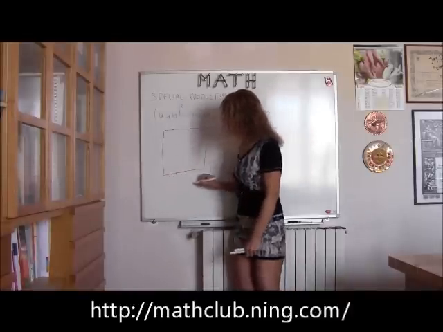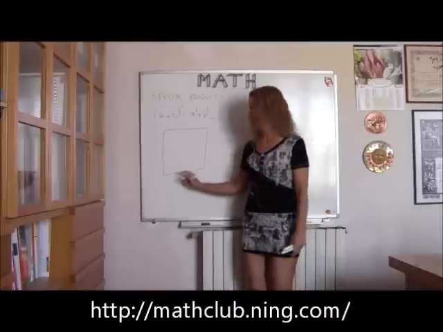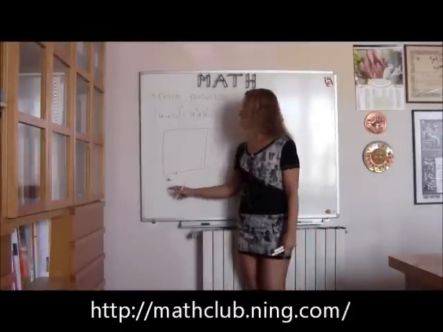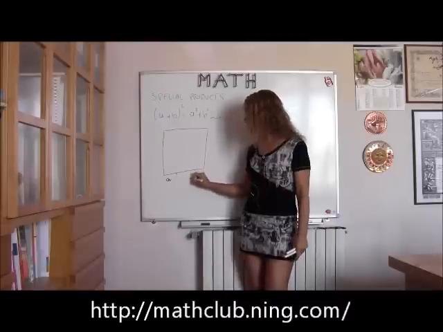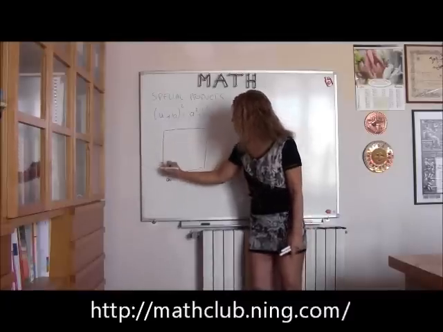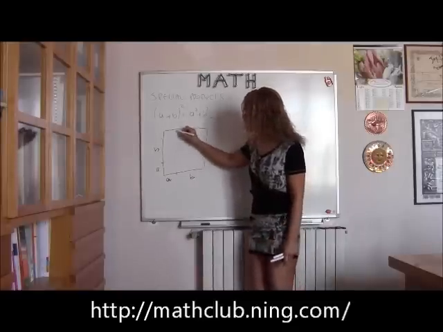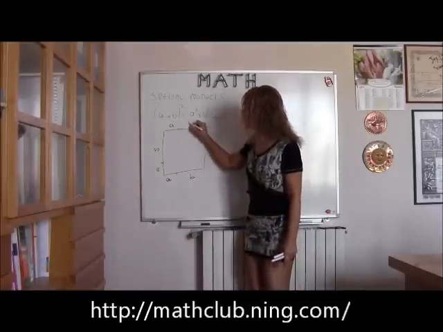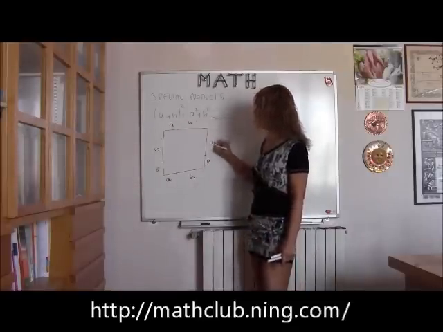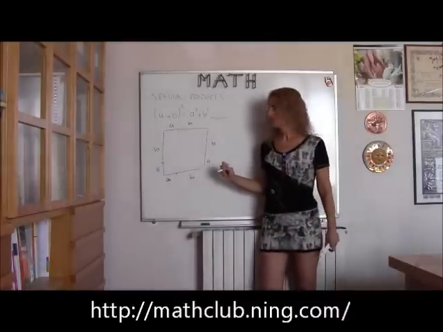So each edge must be divided in two parts. The first part, the small one, maybe it's a, and the bigger one is b. So we do the same thing for all the edges, and we divide them in the same way: a, b, a, b, a, b.